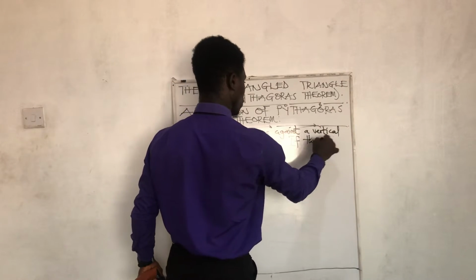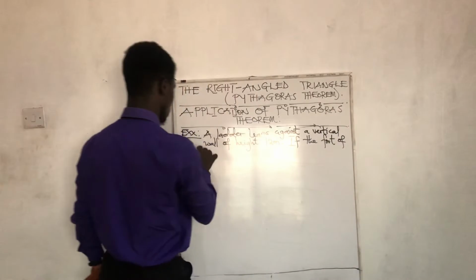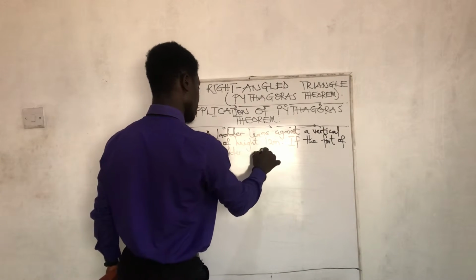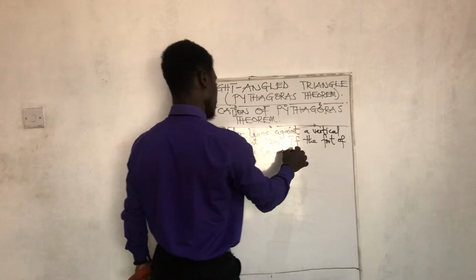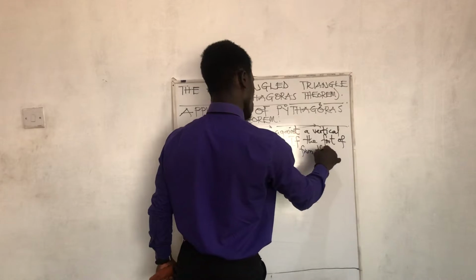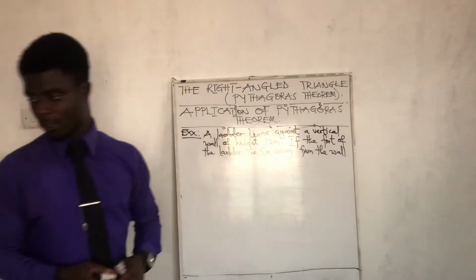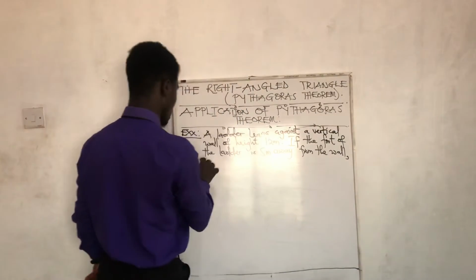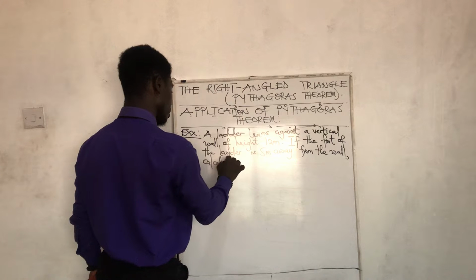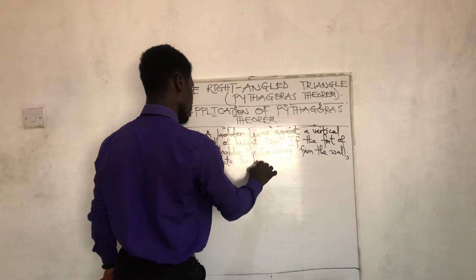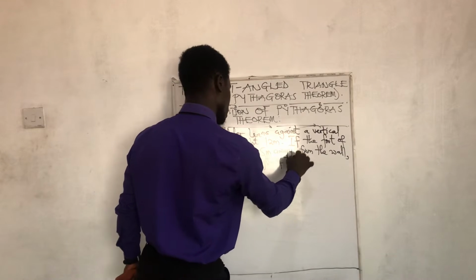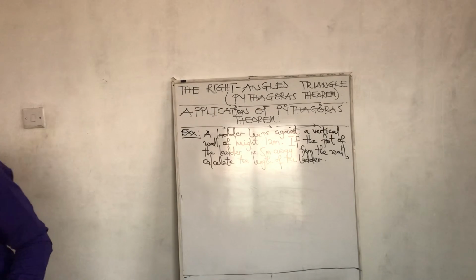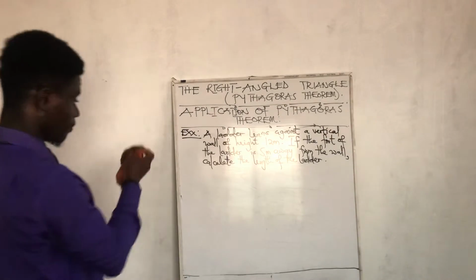If the foot of the ladder is 5 meters away from the wall, calculate the length of the ladder. Calculate the length of the ladder.